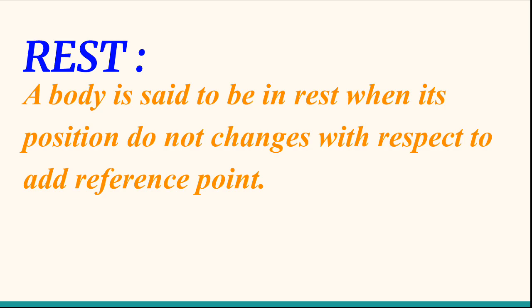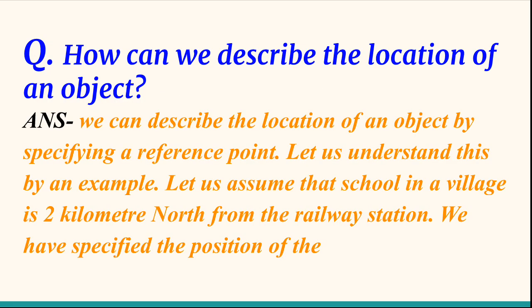Okay, so let's see our next topic. Now we have to learn how we can describe the location of an object. How can we indicate that an object is at a certain place? The answer is that we can describe the location of an object by specifying a reference point.